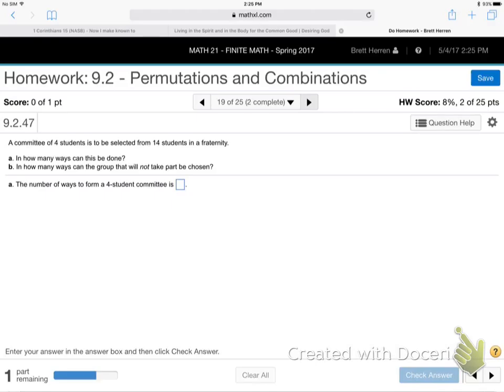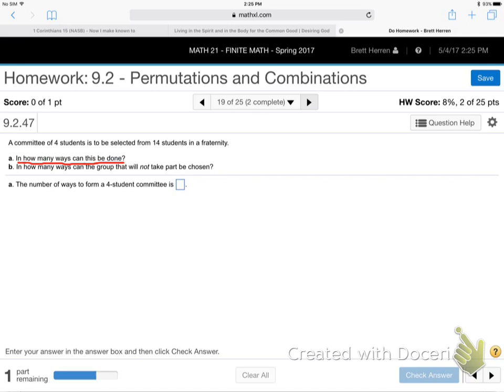All right, a committee of 4 students is to be selected from 14. So it's the same kind of deal, out of 14, pick 4, right? Here we go again. In how many ways can this be done? Don't worry about part B yet, let's just do part A. Committee of 4 students. So ask yourself, are those different results for those 4 students? Is it like getting different amounts of money or different offices?